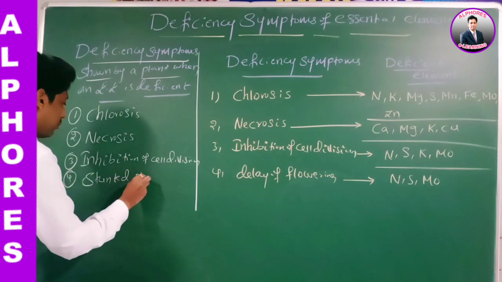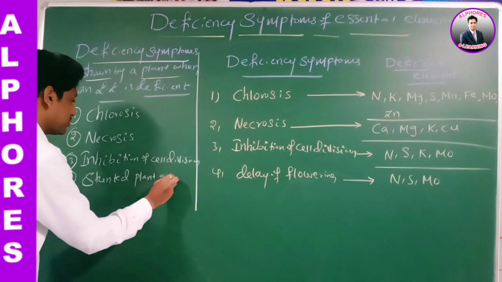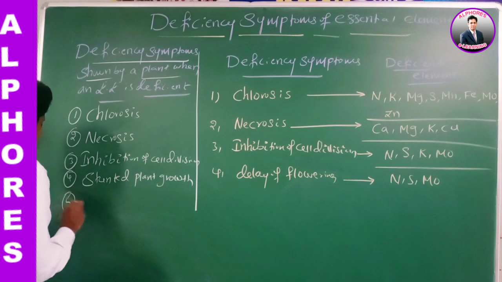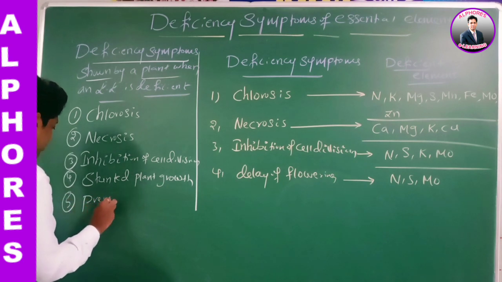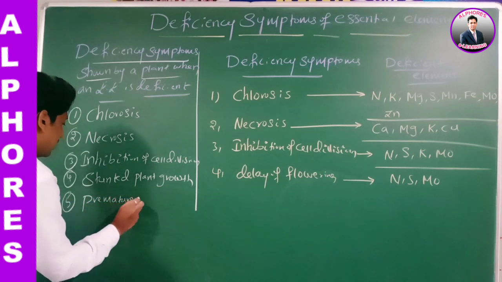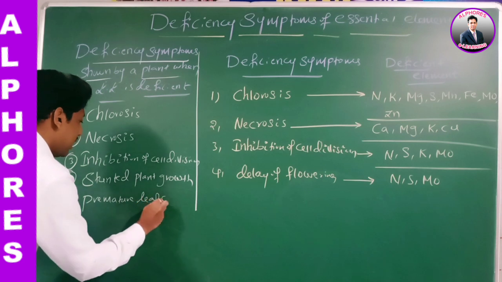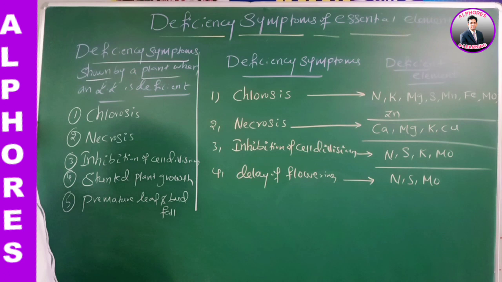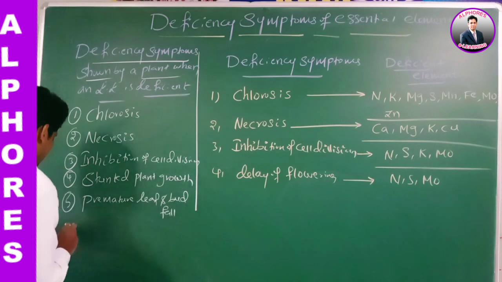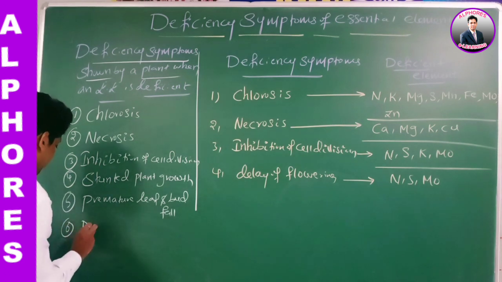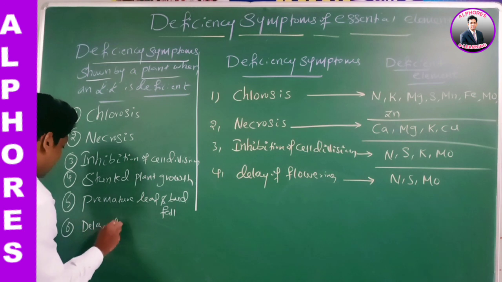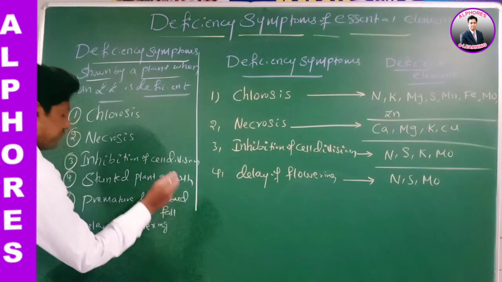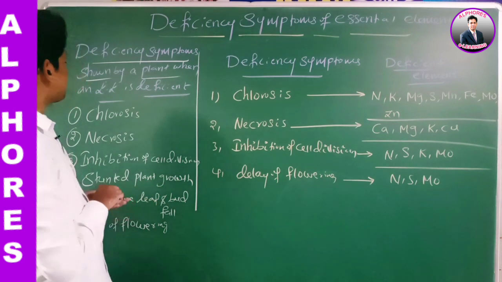Number 5, premature leaf and bud fall. It means premature falling of leaves and buds. Next, number 6, delay of flowering.